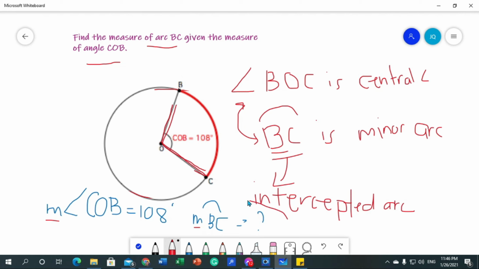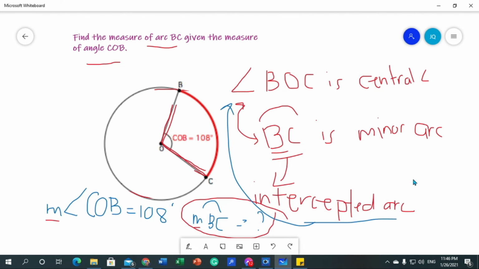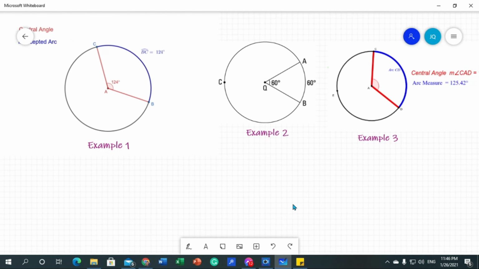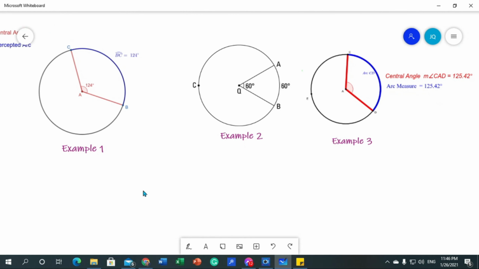How are we going to look for arc BC, knowing that this arc is an intercepted arc of angle BOC? I have here three examples to guide you on how to get the measure of the intercepted arc given the central angle. In example number 1, what is the central angle? Our central angle is angle CAB.